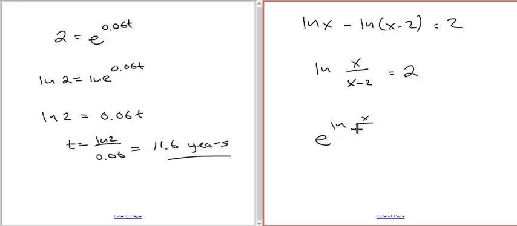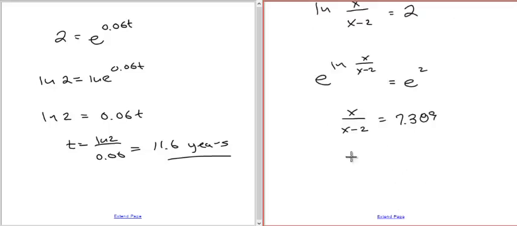So you do e to the natural log of x minus 2 is equal to e squared. E to the natural log of something is just that something. And e squared is 7.389. So you multiply both sides by x minus 2.